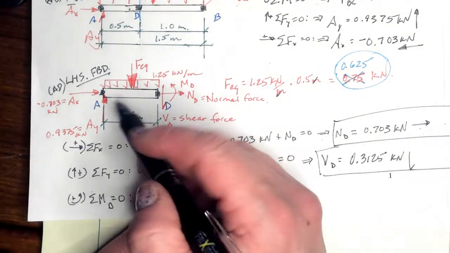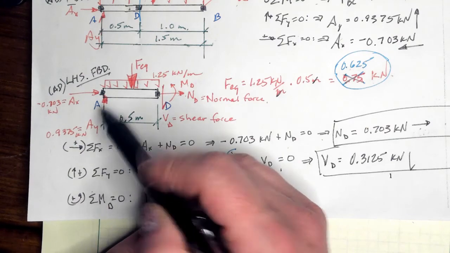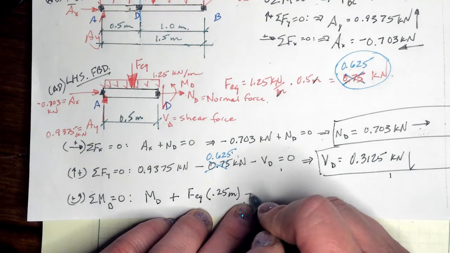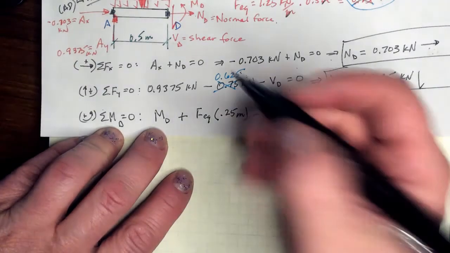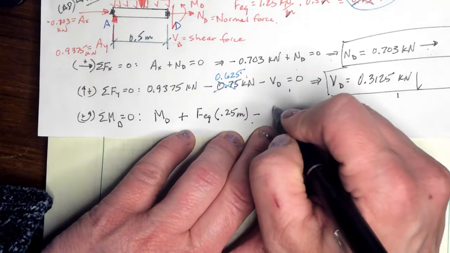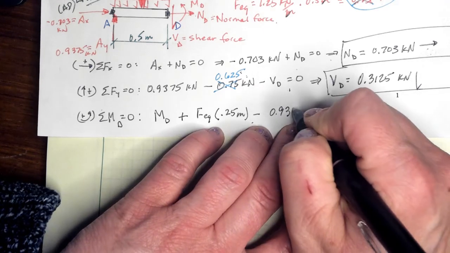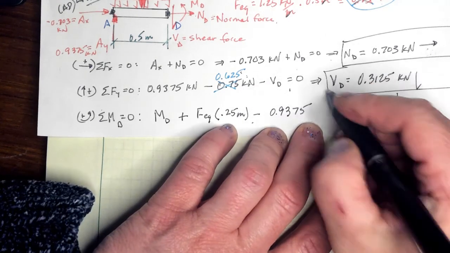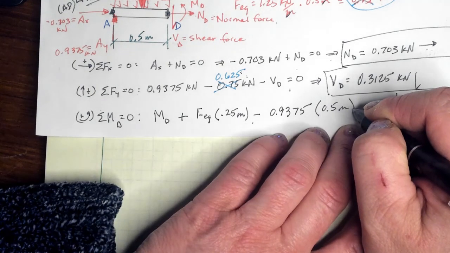And A_X is collinear, A_Y is going to tend to make this want to go in the negative direction. So we can do A_Y, or 0.9375 times the 0.5 meters equals 0.